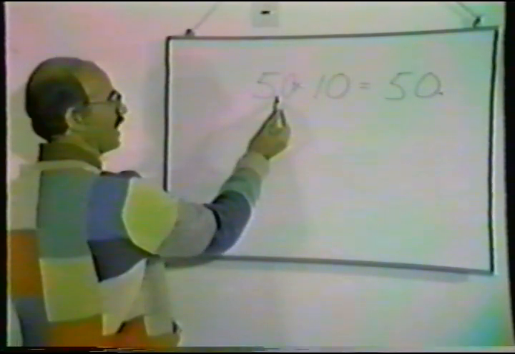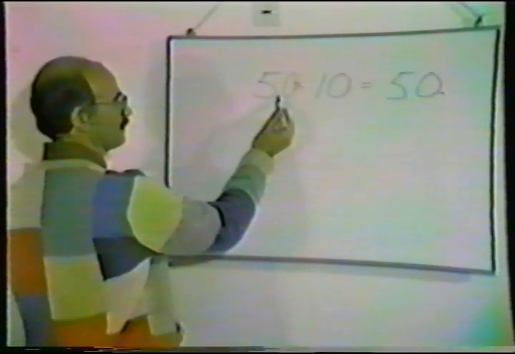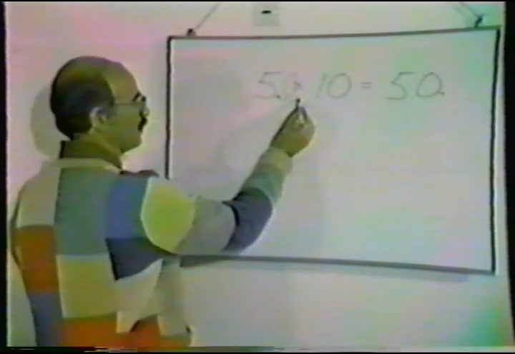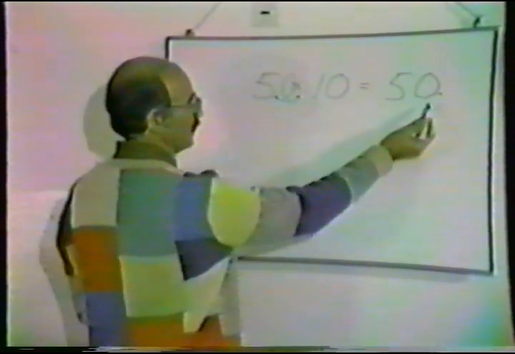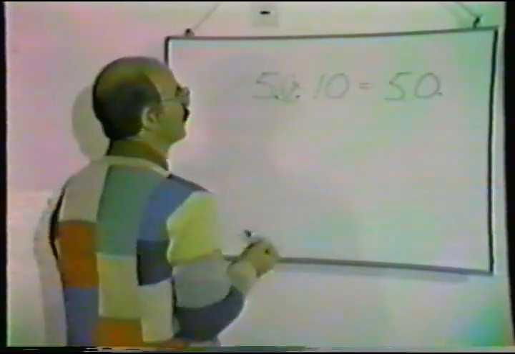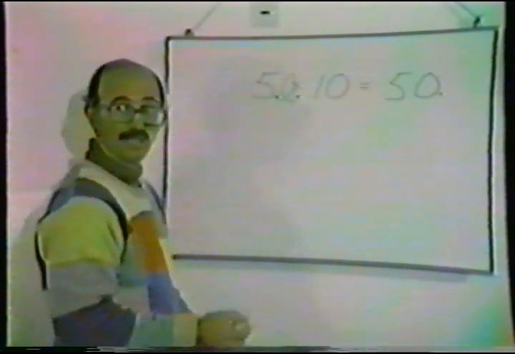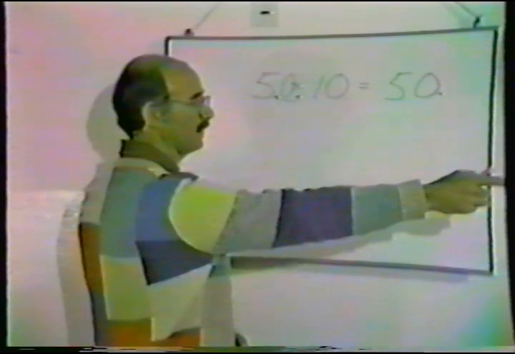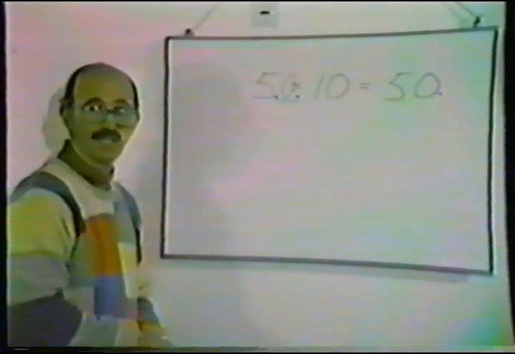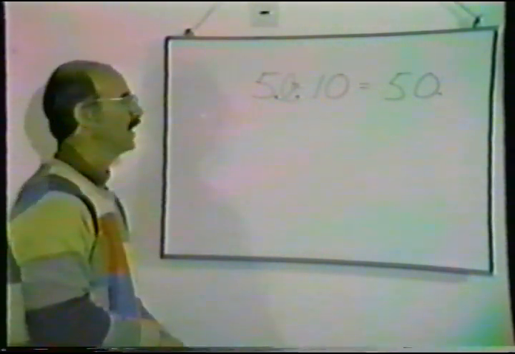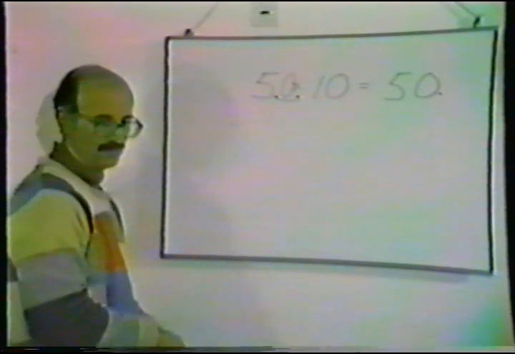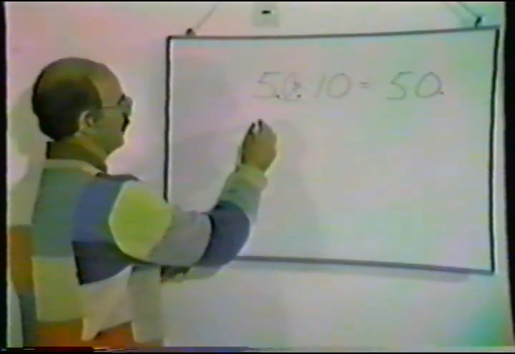And what has happened to this decimal point? Has it not moved in order to be in the same position as that? Yes, it has. We have moved it one place to the right. When you multiply by 10, you move the decimal point one place to the right.